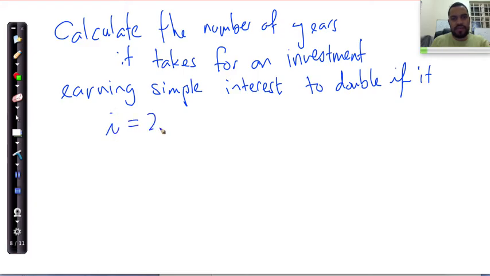If I equals 20%. Okay, so the big question is, how do you do this?